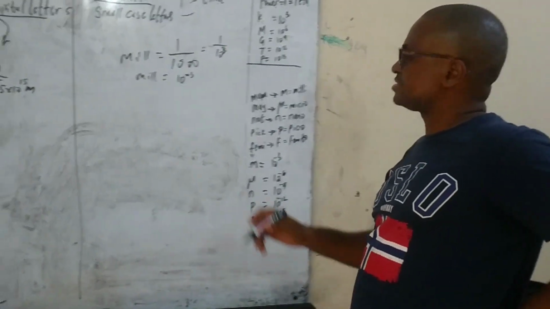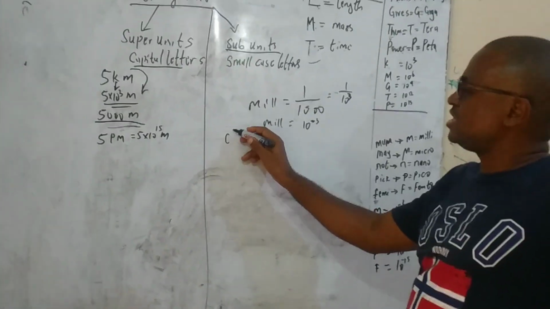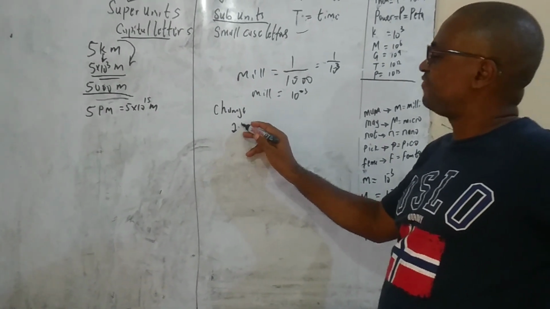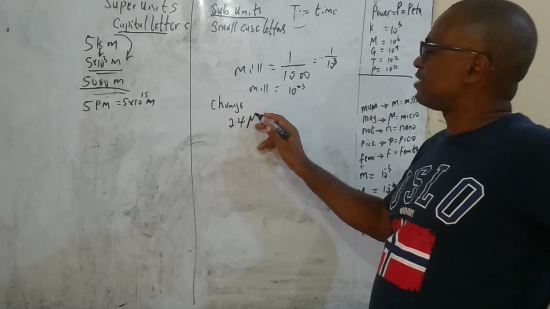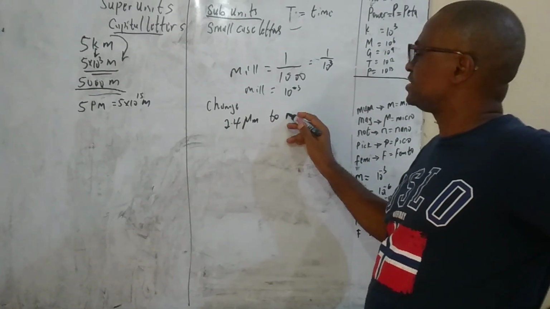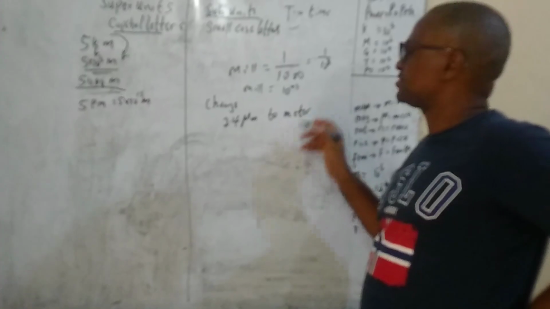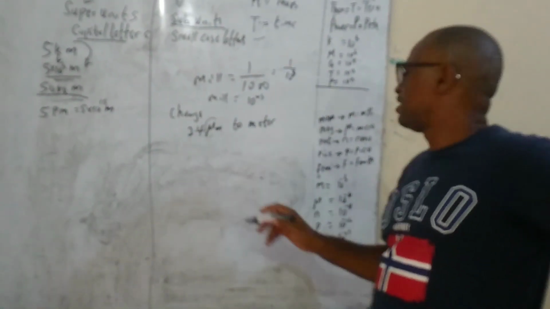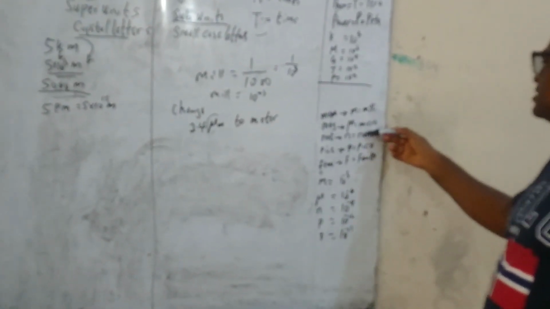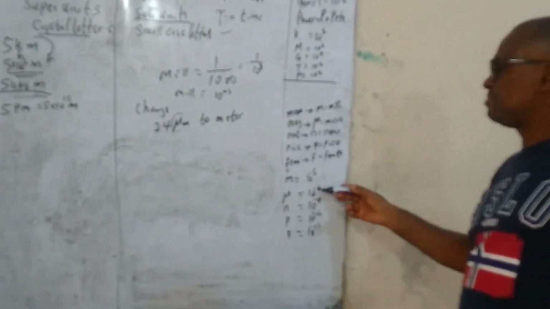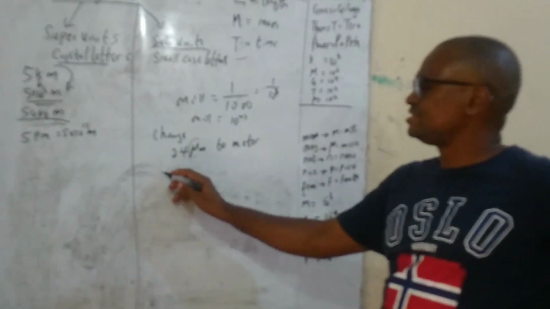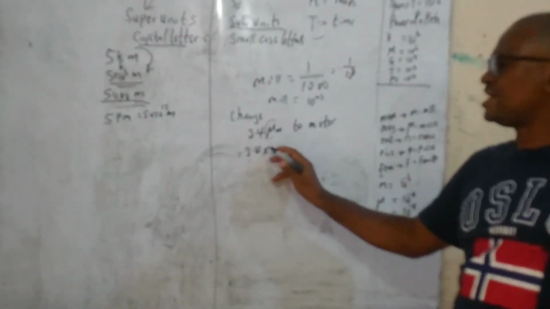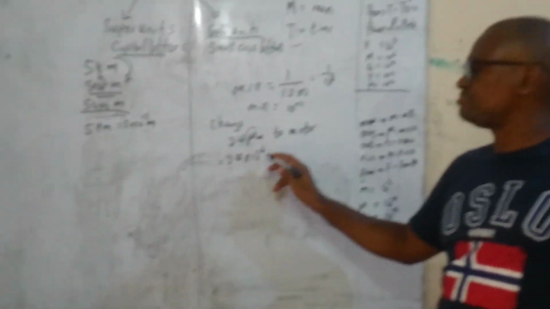Like for instance, if the question says change 2.4 micrometer to meter in physics, like I have said, this micro in my listing actually means 10 raised to power minus 6. So I can write this expression as 2.4 times 10 raised to power minus 6 meter.